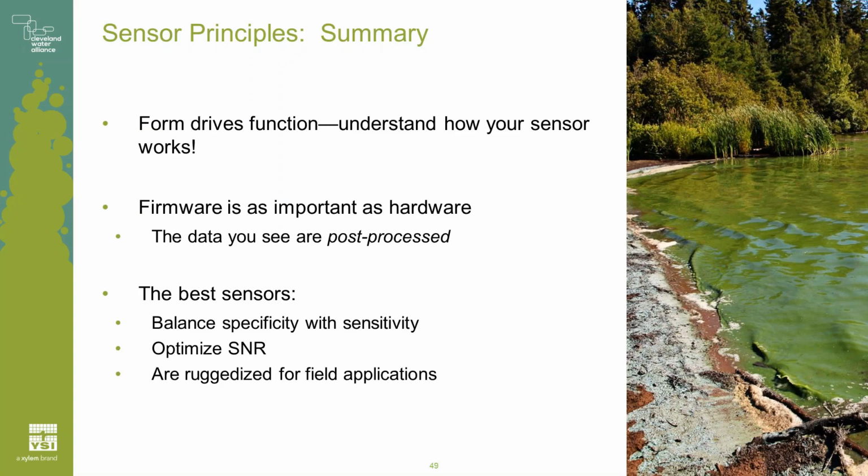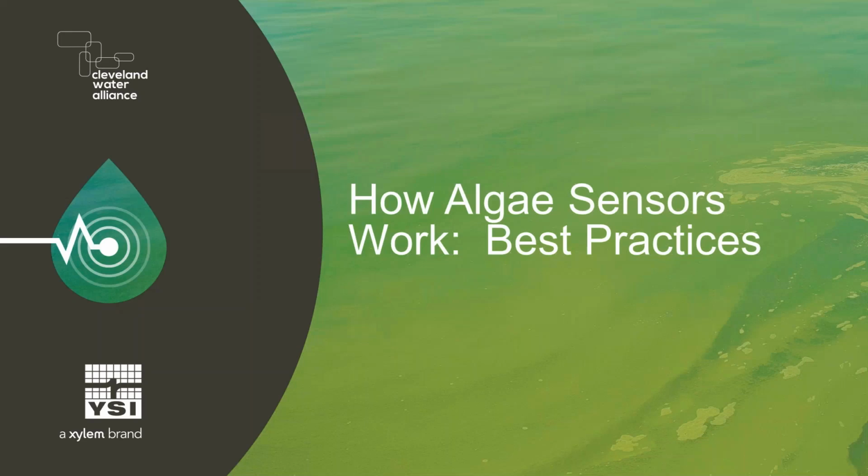Saul has asked a question about how best to calibrate the sensors to be able to compare readings between the 6 series or EXO sensors, 1 point, 2 point, using pigment. Saul, that is a great question, and what I'm going to do is come back to that question in a moment because we're going to talk about calibration as the first part of the next section of the presentation.